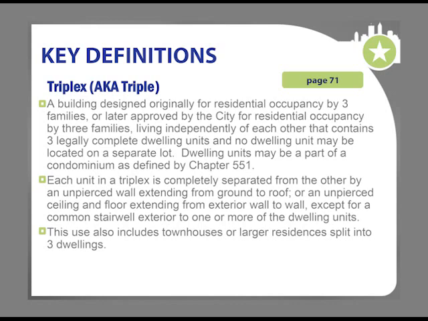Again, each of the units is completely separated from the other by an unpierced wall, so that there is no common access across units. This use also includes townhomes or larger residences that are split into 3 separate dwelling units.